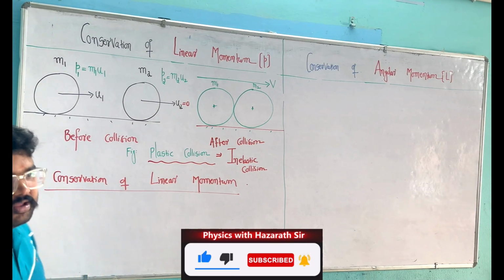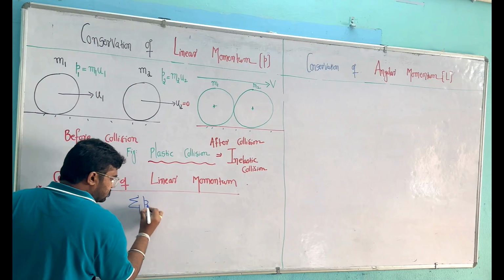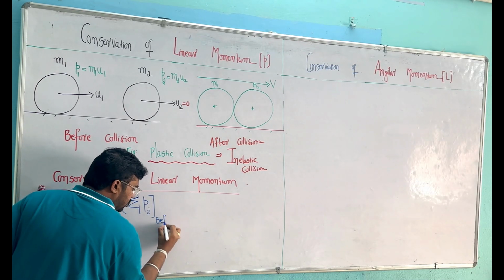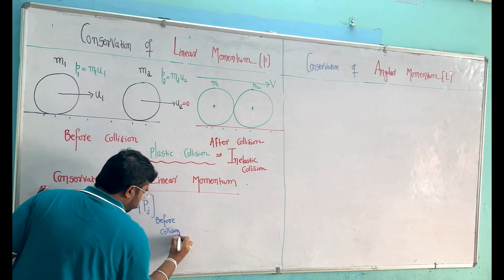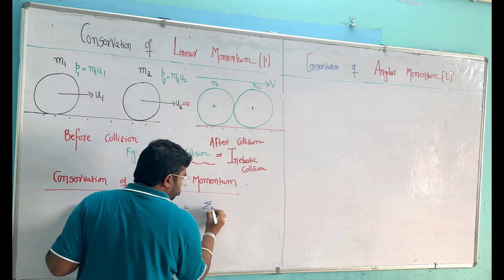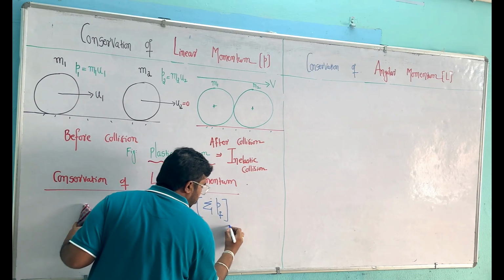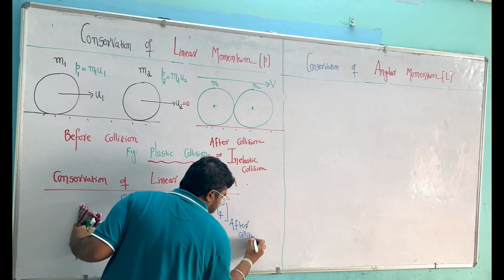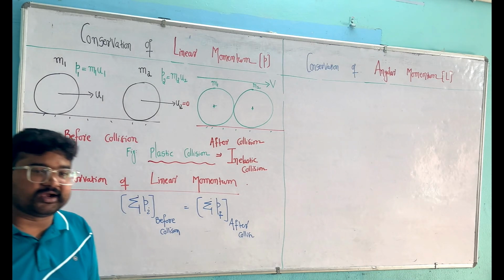Algebraic sum of all the momenta before collision, this is initial, equals algebraic sum of all the momenta after collision, that is final. Before collision and after collision. Okay na?